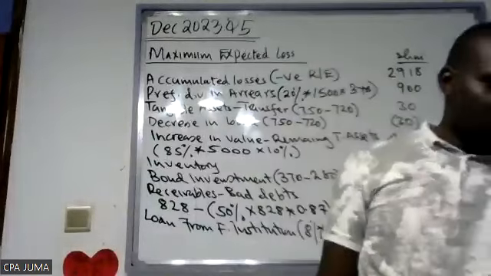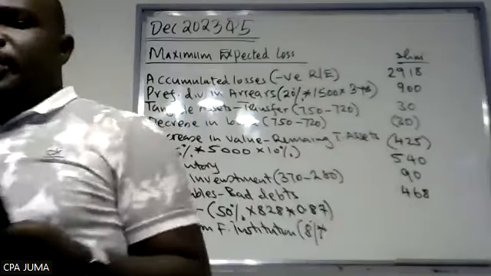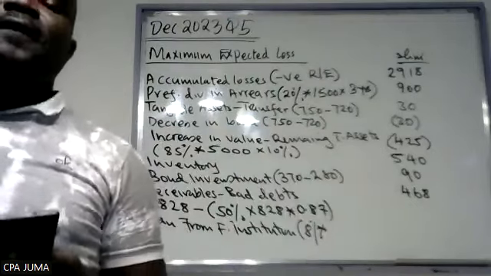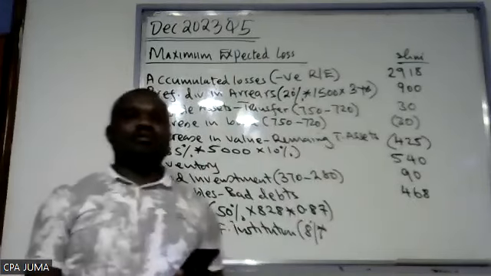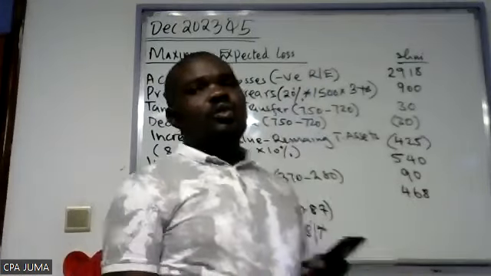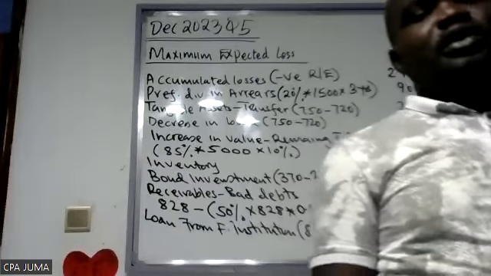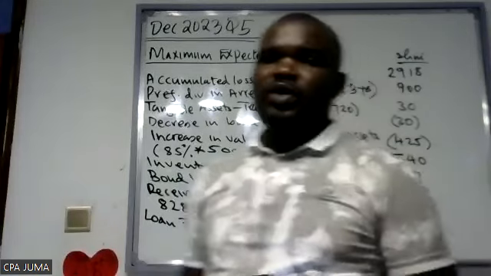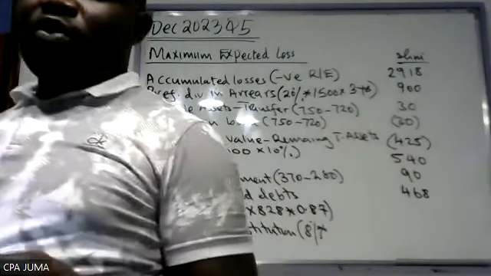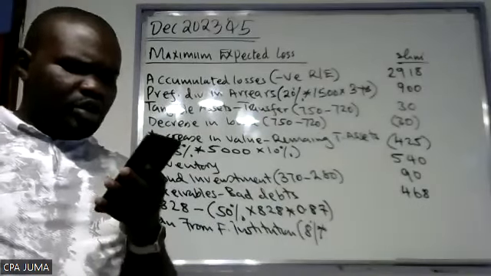So 8%, what was the figure for financial institutions? The loan, how much was the loan? Check your balance sheet. How much was the loan from the financial institutions? $925. Correct.